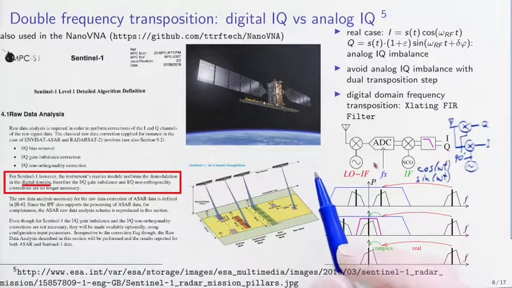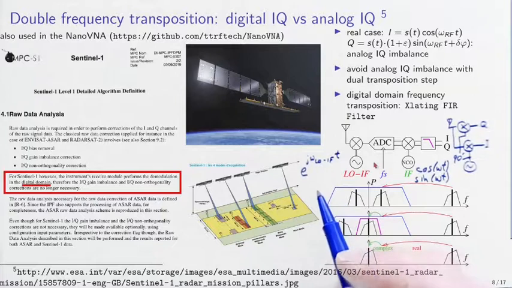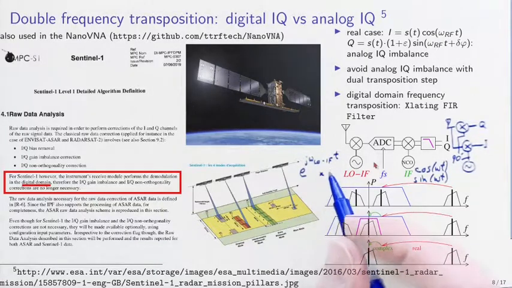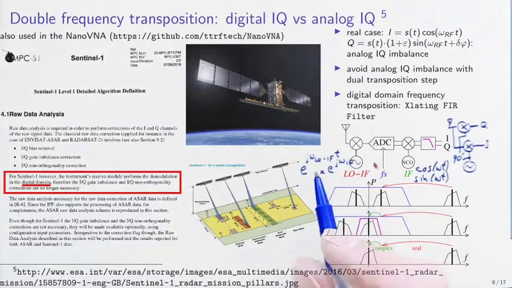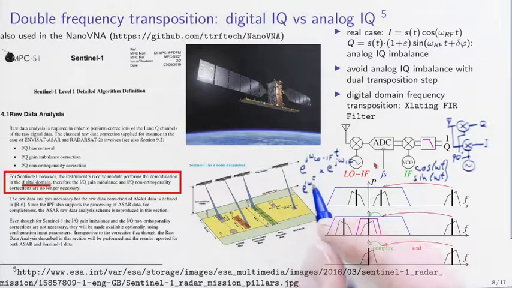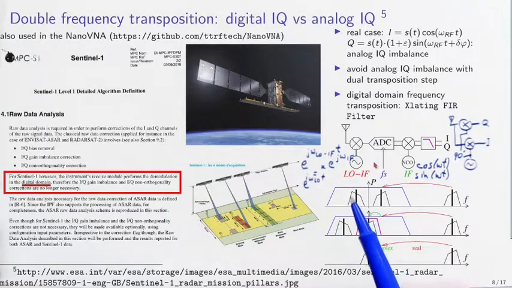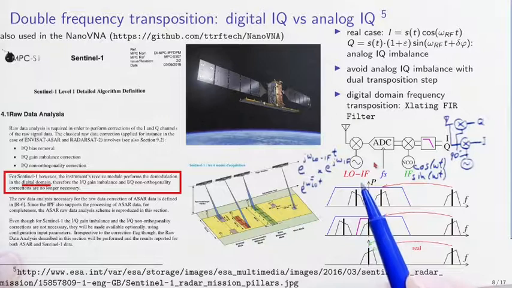So this means that we have initially performed a first mixing step by exponential of j omega LO minus IF t, and then we multiply this with a new exponential of j omega IF, and by taking the product of these two complex exponentials, this is equal to exponential of j omega LO times t. And we are only left with the local oscillator, and we have removed the intermediate frequency spectral component.